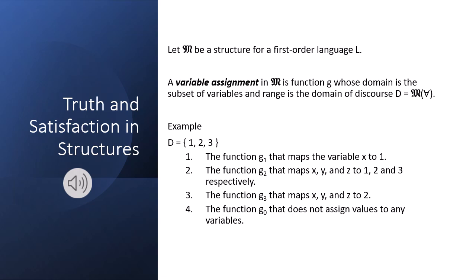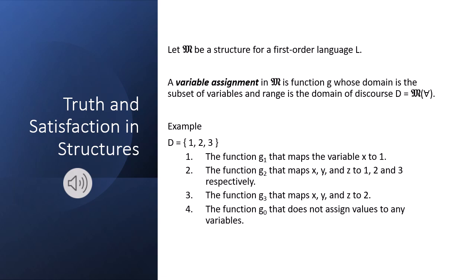So we'll follow the footsteps of Tarski and introduce the notion of truth in satisfaction for our first order structures. Recall that a first order structure, which is here denoted by this fraktur M, is a function whose inputs are basically symbols from the first order language L. Now, among those symbols are the universal quantifier, the predicate symbols, the function symbols, and the constant symbols.